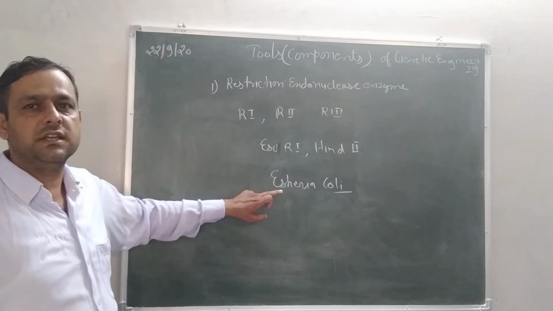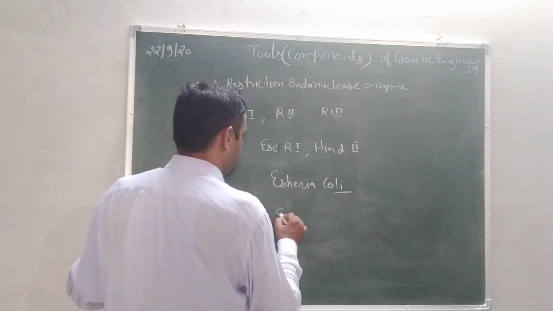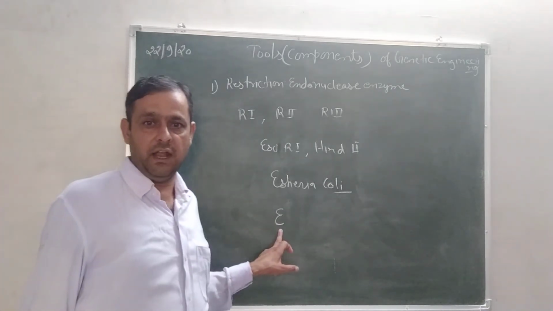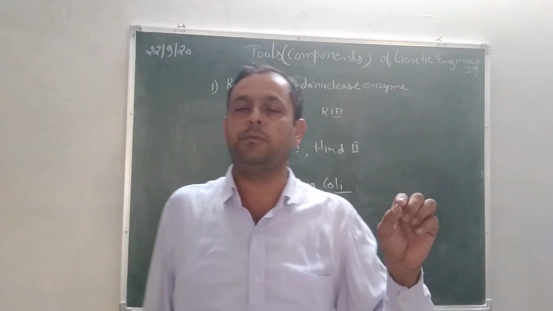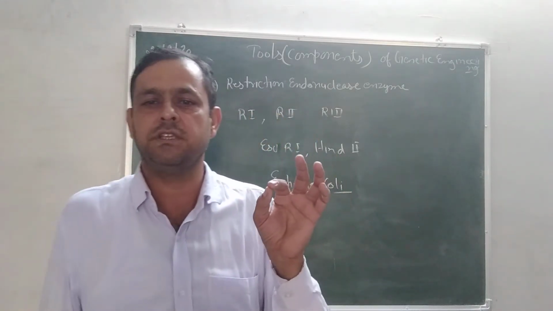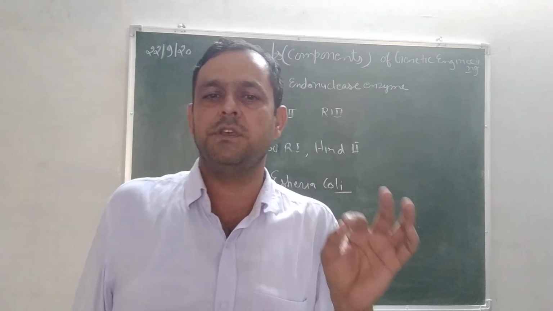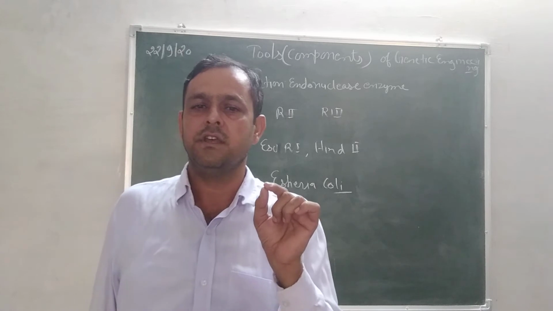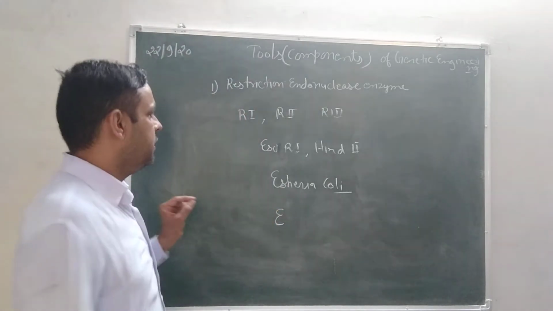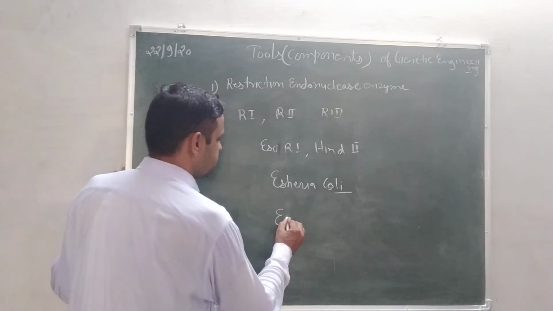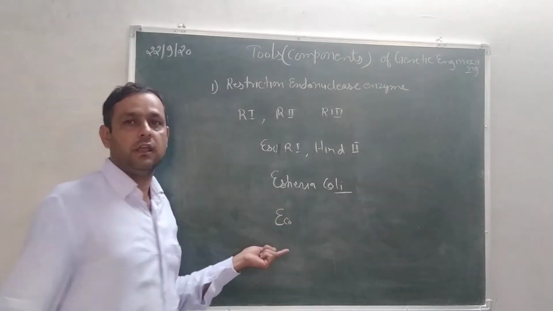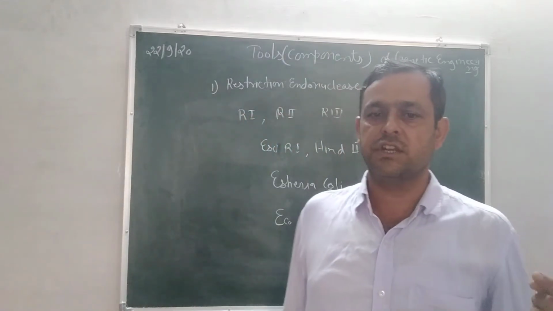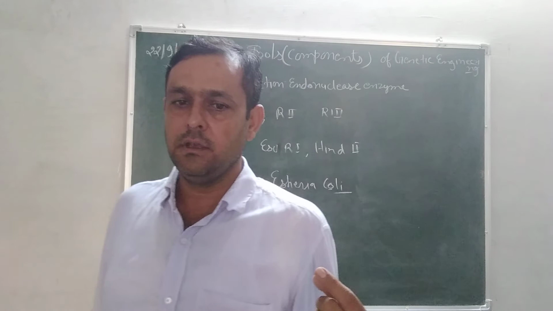Then the name of the genus is Escherichia, and the first letter, which is written in capital, is E. And the two letters after this represent the species of that genus. They are written in small letters. These three letters are written in italics, Eco, and co are written in small letters. So it is the name of the restriction endonuclease enzyme, Eco.